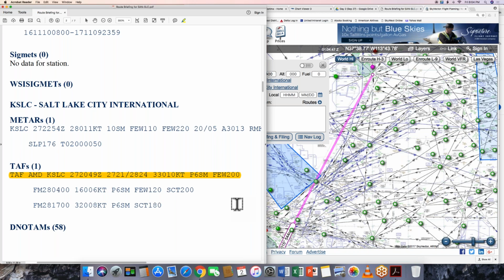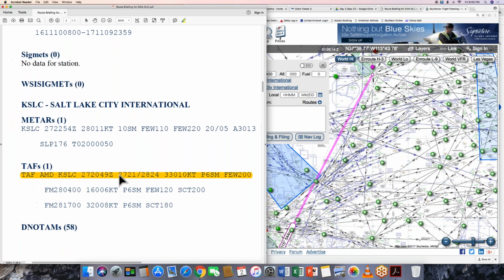So where it says 27, 21 / 28, 24 on the first line, just so I know I'm right, that would be the 27th day, 2100 Zulu, and 28th day at 2400 Zulu? Yes. So that's not our ETA.